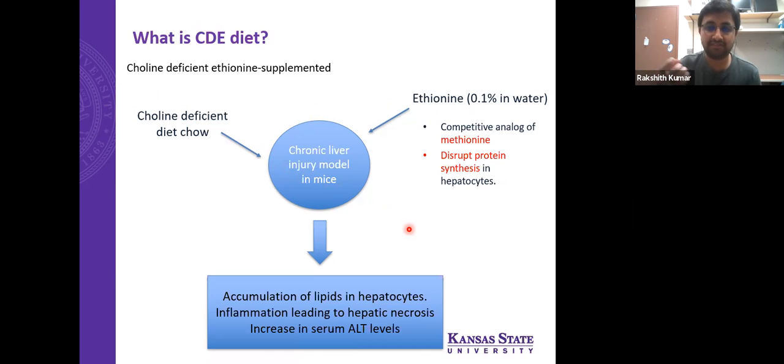After the necrosis, the alanine aminotransferase, that is ALT, levels will increase, and it is a liver specific enzyme which is actually used in the liver function test to know if the liver is healthy or not.